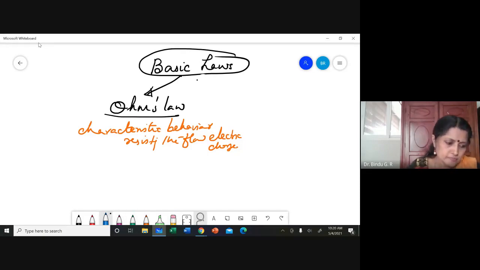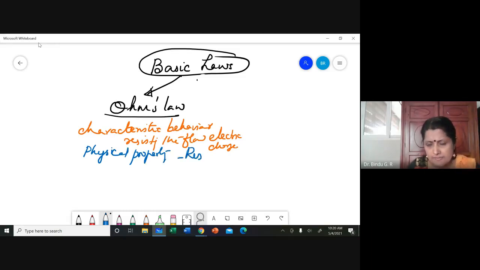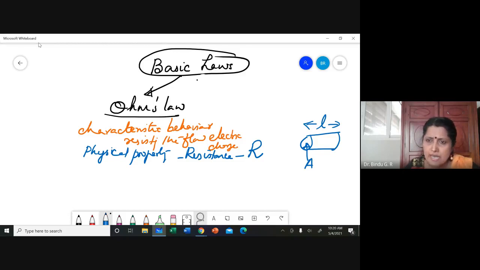And that ability, that physical property of doing this, is called the resistance of that particular material, and you indicate it by R. And that resistance, as you all know, if this is the material that I am speaking about, with an area of cross section A, and if I am considering a length L of that material, and if the material has a property of resistivity rho ohm meter, then from the various measurements that have been done in the lab, scientists have come up with this formula where R is equal to rho L by A.